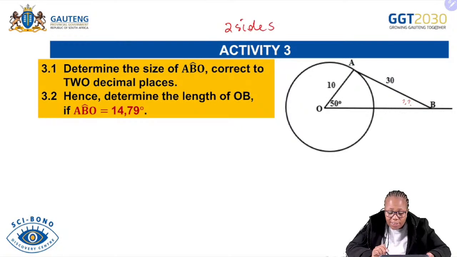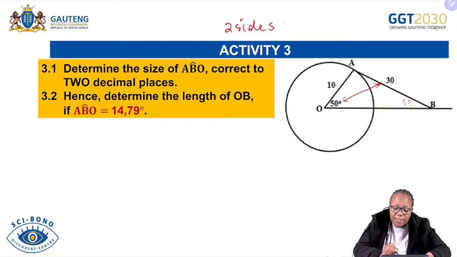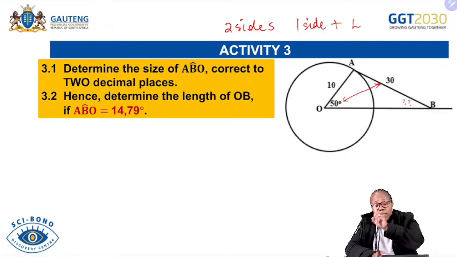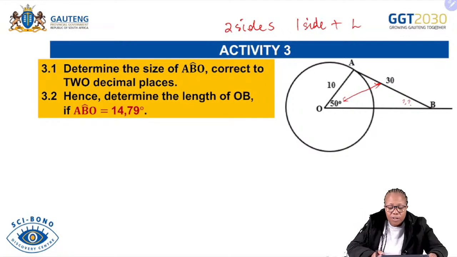And then what is in relation to these given two sides? One side is given with an opposite angle. Which rule is that one, grade 12? Remember, if we are given two sides and one side with the corresponding or opposite angle, that is a sine rule.